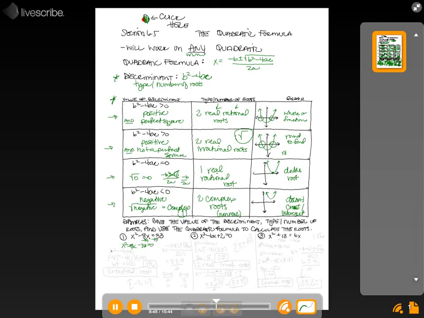And we're going to figure out what the discriminant is. Remember, the discriminant is b squared minus 4ac. So let's plug in our values. b is negative 8, minus 4 times a, which is 1, and then c in this problem is negative 33.